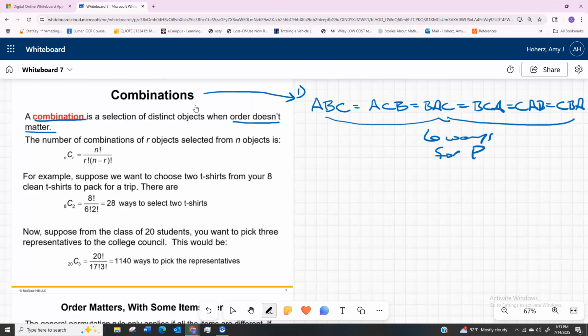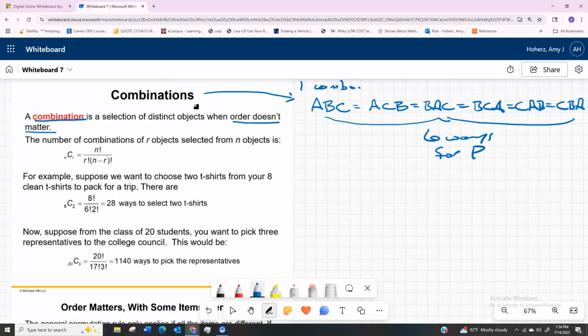But if you're talking about a combination, this is only one combination of the 3 letters ABC. It doesn't matter if it's ABC, CBA, BAC, you still have the same 3 letters. So for combinations, it's 1. For permutations, that would be 6. So when we're doing combinations, we actually get smaller numbers. Now, the formal way to calculate this would be nCr is n factorial over r factorial times n minus r factorial.